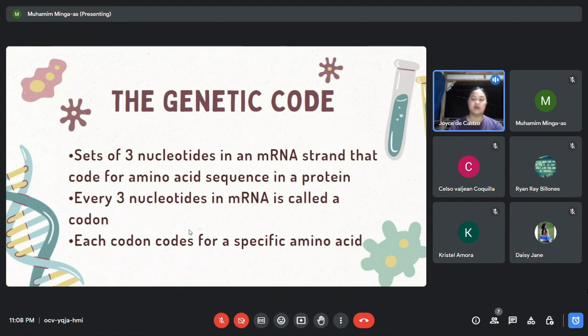This triplet code serves as the instructions for the cellular machinery to assemble amino acids in the correct order, ultimately determining the sequence and structure of the resulting protein. So every three nucleotides in mRNA is called a codon, and each codon codes for a specific amino acid.